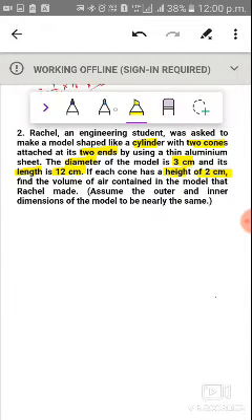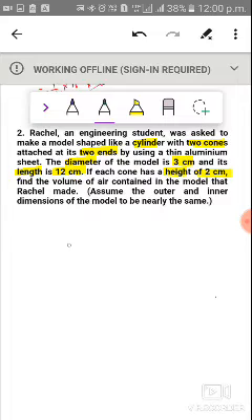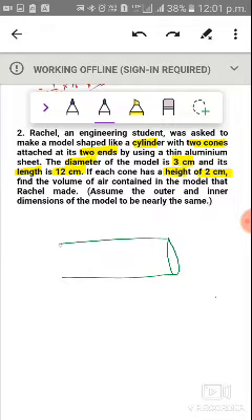Okay, so let us draw our diagram first. So let us say this is our cylinder, and this is its one end and this is its second end.